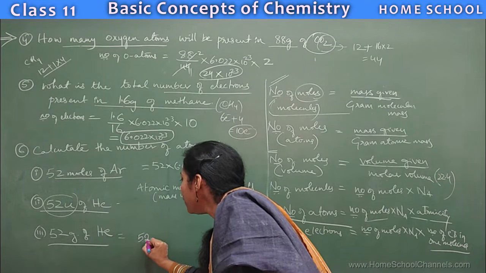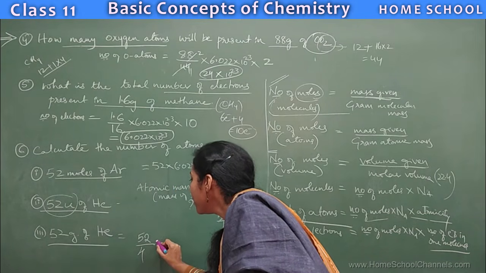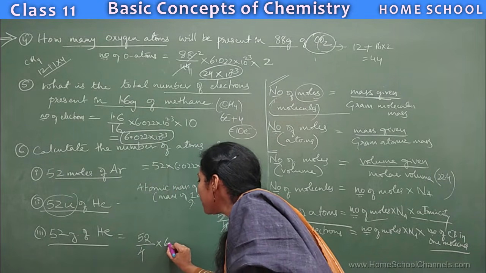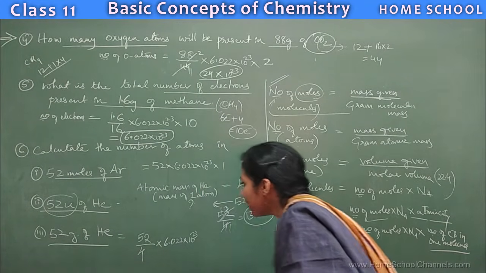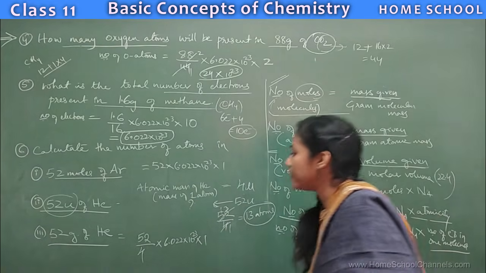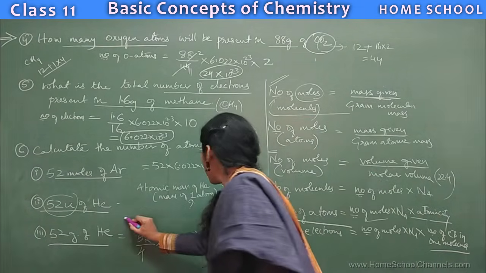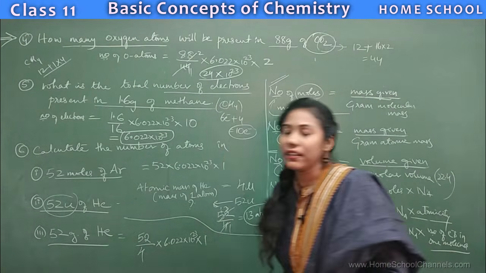So, 52 divided by atomic mass of helium, which is 4, into Avogadro number 6.022 into 10 power 23. Okay, and atomicity, helium is one atom only, so atomicity is 1. So you just have to do this calculation for this particular question.